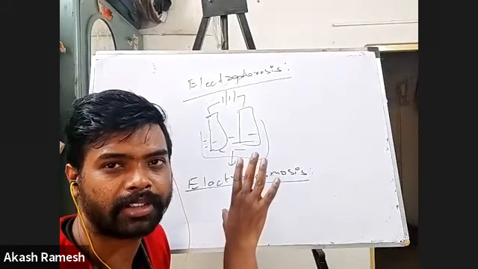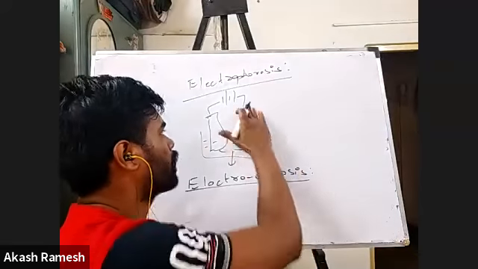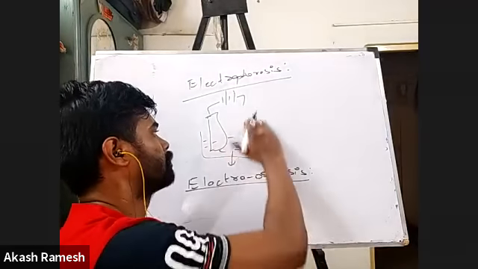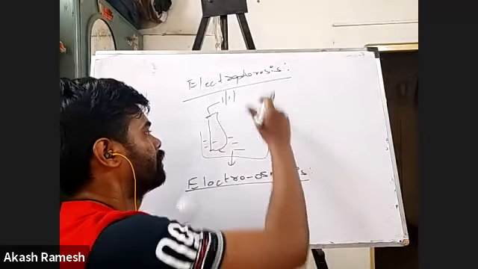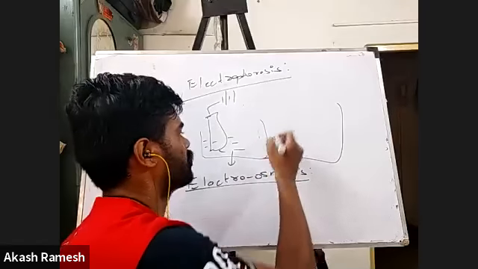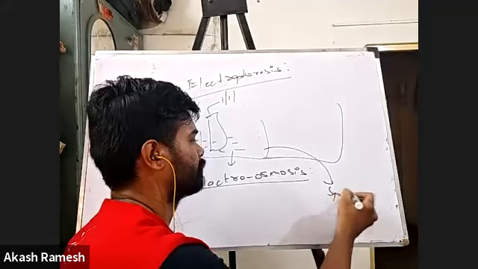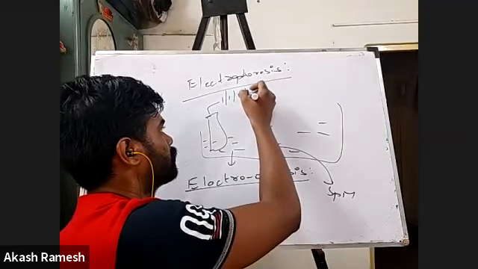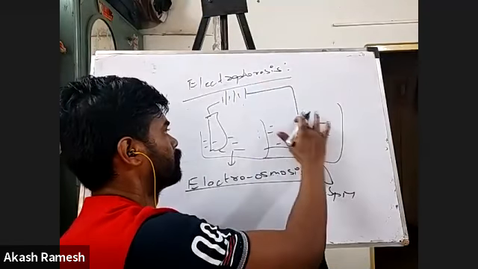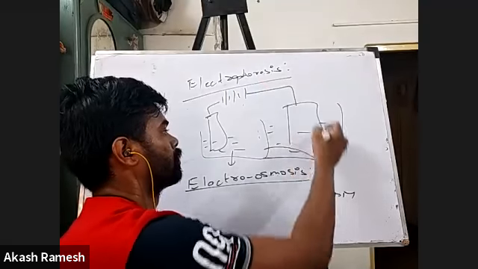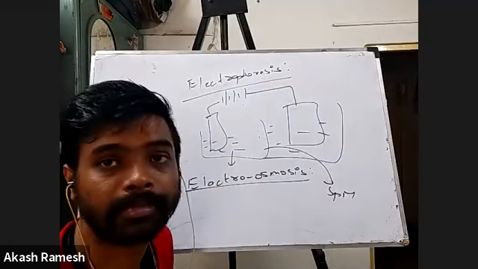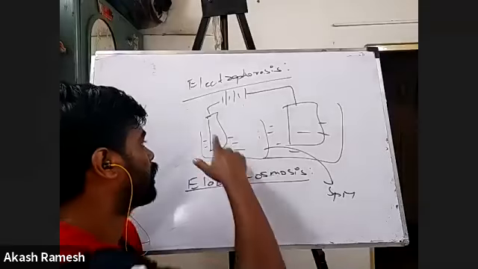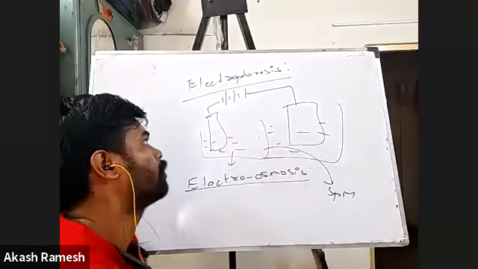Here the only difference is, say I can have one more compartment. The simplest way to put it is like this. This is my semi-permeable membrane, and again here also I have my colloidal particles. This is my cathode, anode.